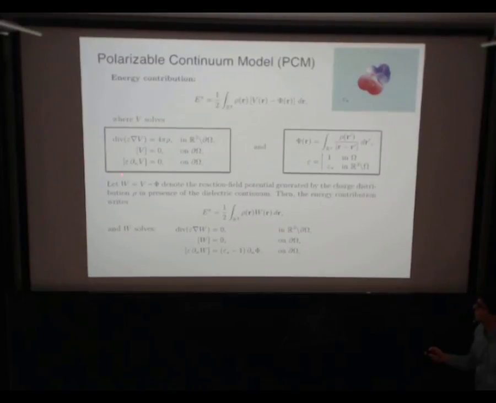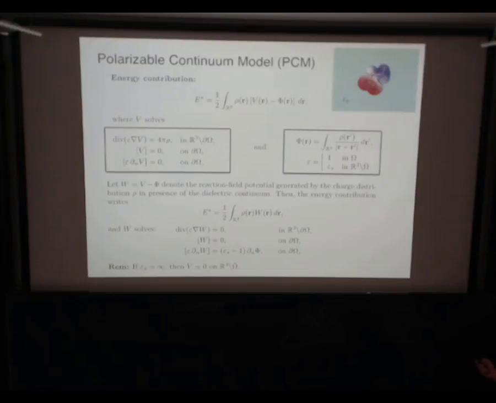Okay, so far so good. So you can change your unknown to W. That's what you want to solve. This is the definition of the energy, and this is the corresponding PDE for W, where now you have a jump on epsilon times the normal derivative of this reaction field.